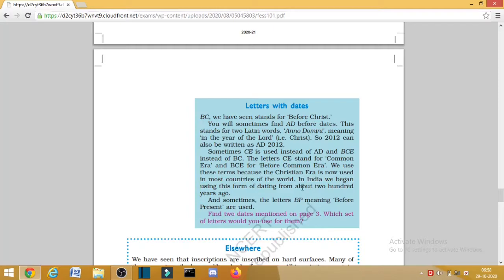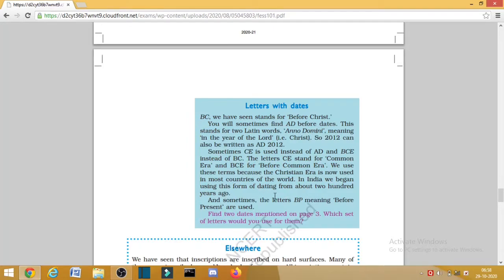In India, we began using this form of dating from about 200 years ago.